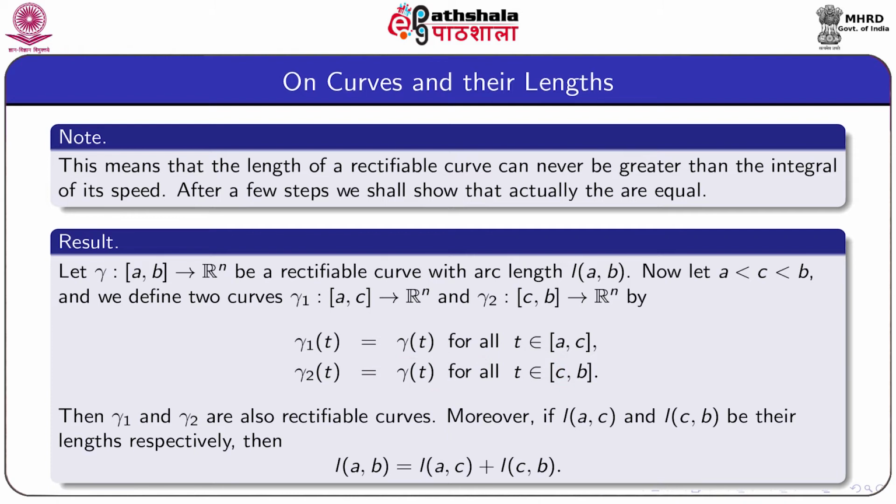That is, we consider gamma 1 as the first part of gamma and gamma 2 as the remaining part of gamma. Then gamma 1 and gamma 2 are also rectifiable curves. Moreover, if L_AC and L_CB denote their lengths respectively, then L_AB equals the sum of L_AC and L_CB.